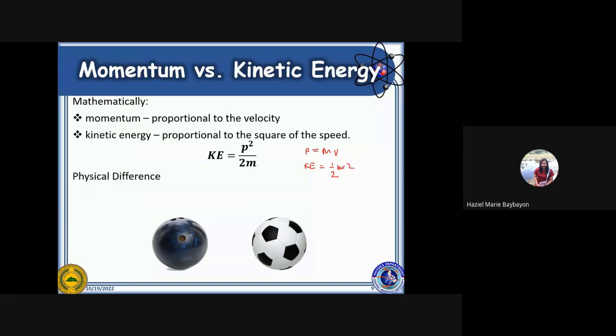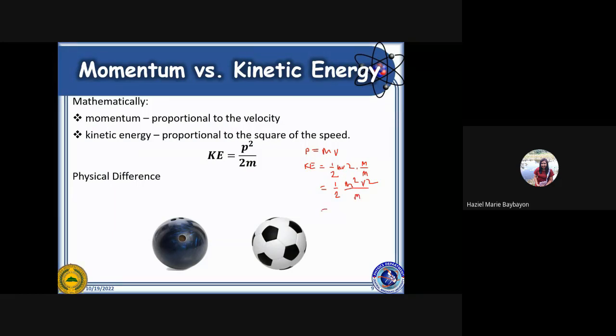Now I will multiply m divided by m here. So you multiply by 1, but to do the trick, the 1 is m over m. So you have 1/2 m squared v squared over m. I hope you can follow through this one.